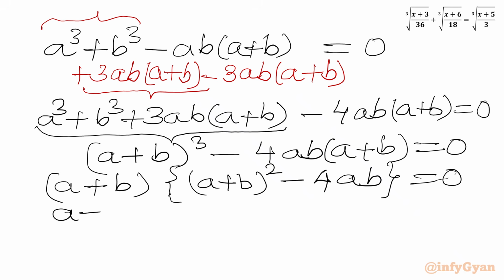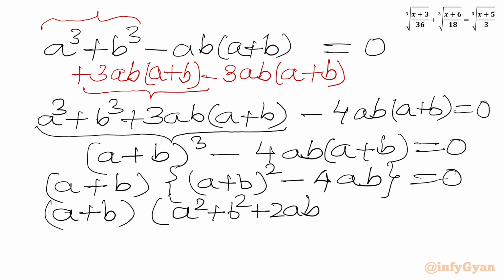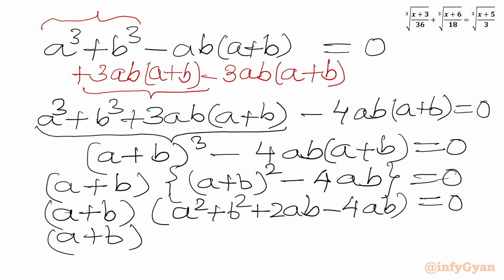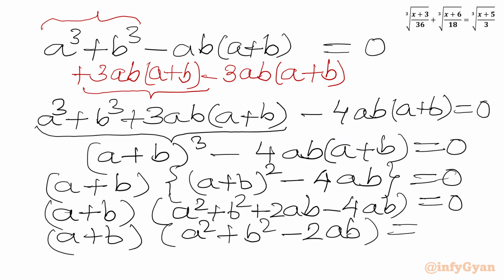So I can write our equation a plus b times, let us expand, a square plus b square plus 2ab, and then we have minus 4ab, equal to 0. Then we can write a plus b times a square plus b square minus 2ab equal to 0.